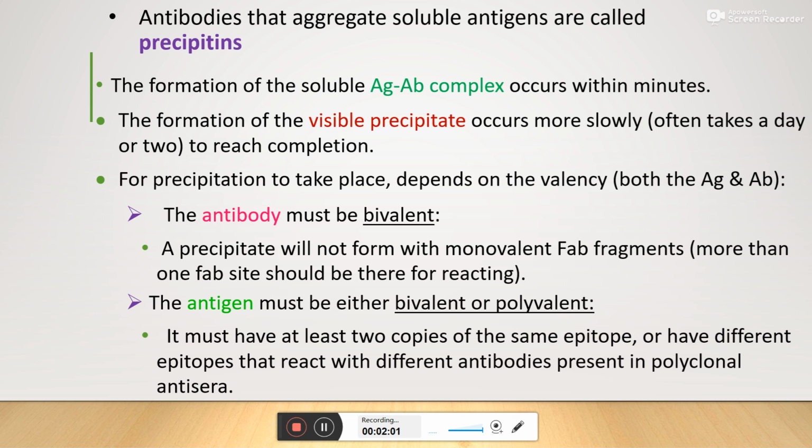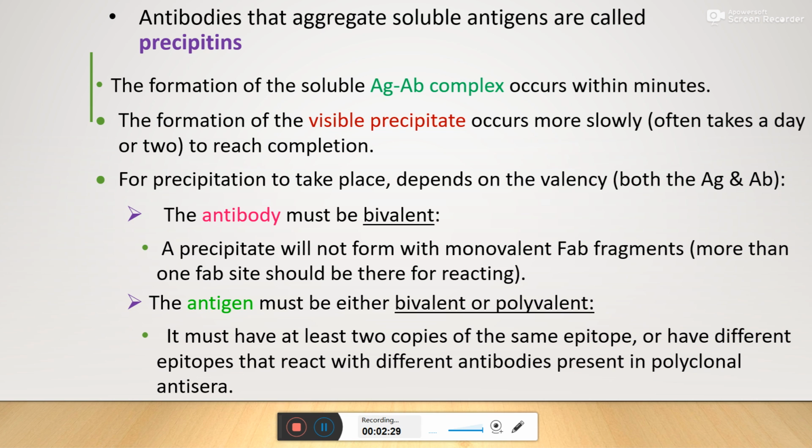Next, the precipitation reaction depends upon one property, that is valency. Both the antigen and the antibody must have valency. The antibody must be bivalent, that means it must have more than one Fab site.